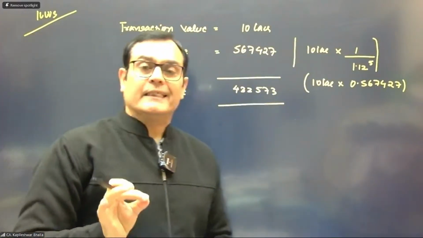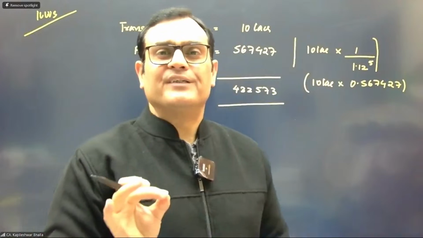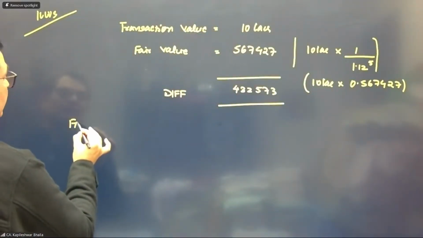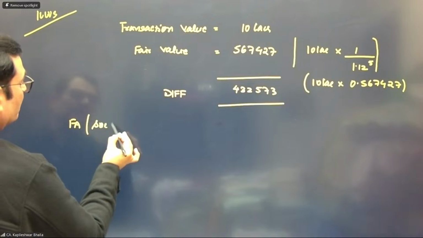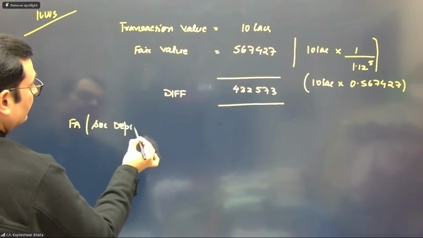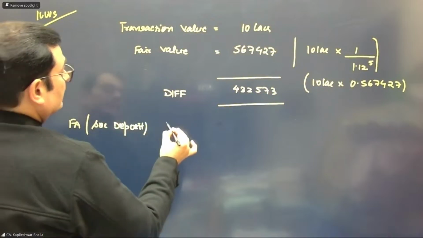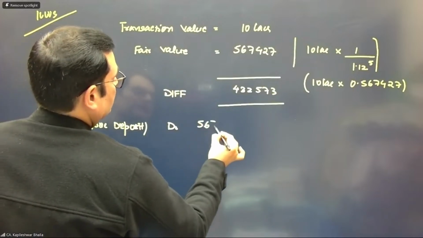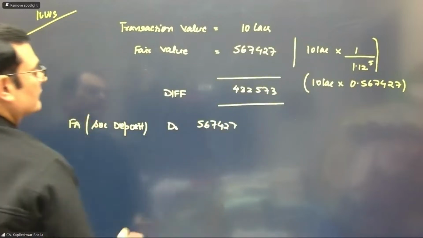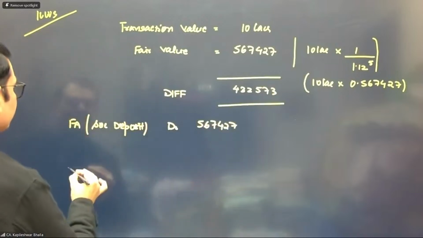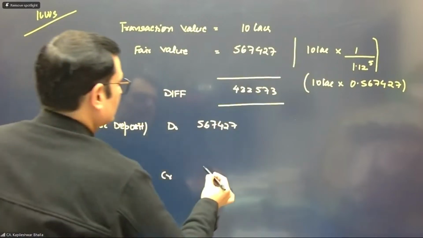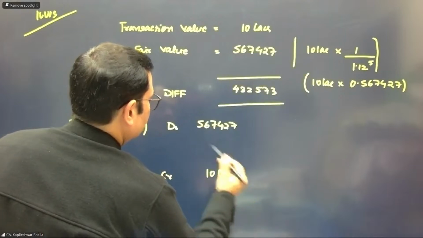So let's first see the entry which will be done at the very inception. The entry in this case is: financial asset, which is a security deposit, gets a debit. This is in the books of the customer, at the fair value, 567,427. And the bank gets a credit, to the extent of the transaction value, which is 10 lakh rupees.